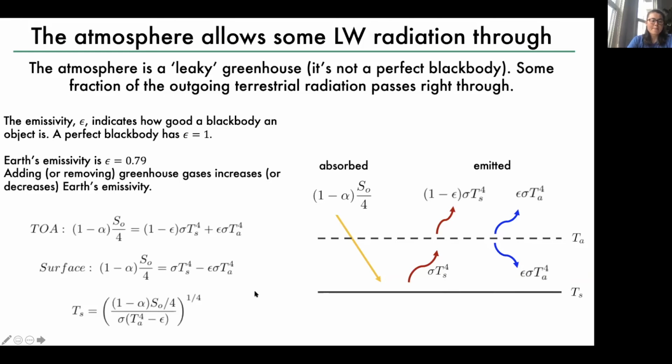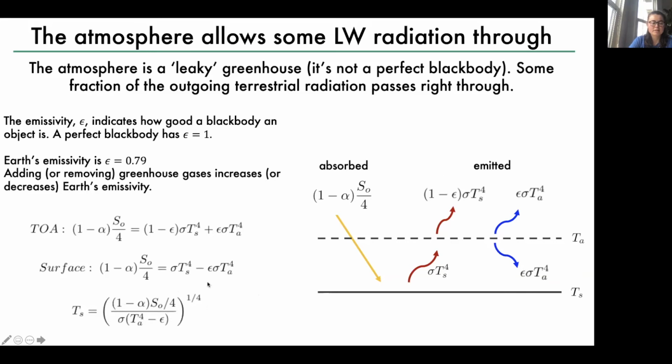And so now to solve for this new temperature of the surface, this might look a little bit intimidating, but this is just the absorbed solar radiation term, and then this is just the atmospheric radiation modified by the emissivity.